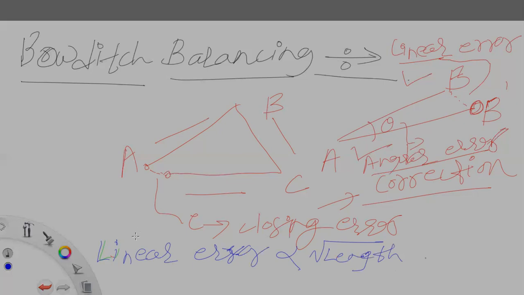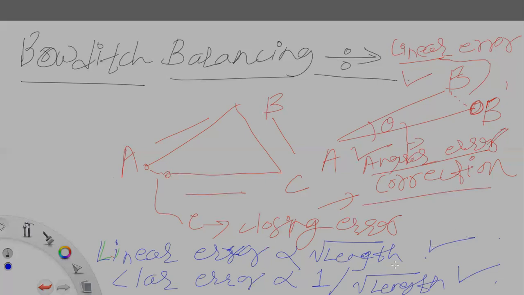As well, your angular error is directly proportional to the inverse of the square root of length. So we need to remember these two things in our mind. These two errors are proportional to the square root and the inverse of the square root of the length.